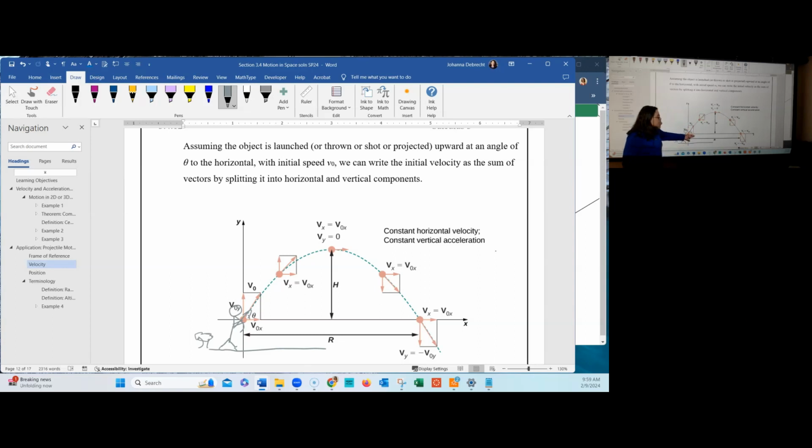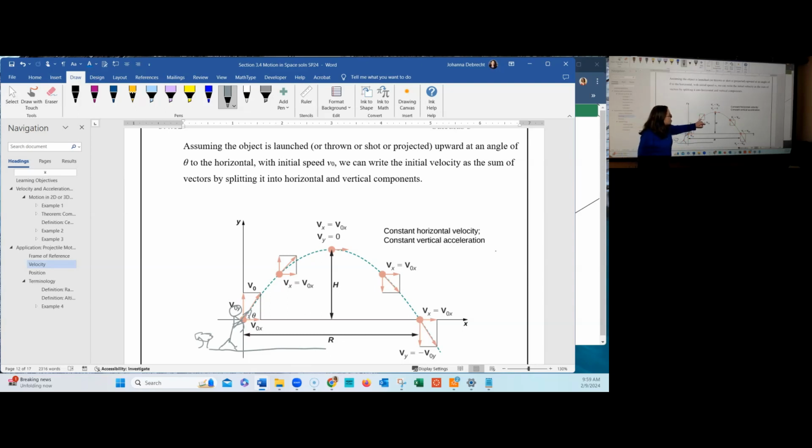We can break the velocity vector into two components, a horizontal component, v naught x, and a vertical component, v naught y. So v naught x is the initial velocity in the straight horizontal direction, and v naught y is the initial velocity in the straight vertical direction.